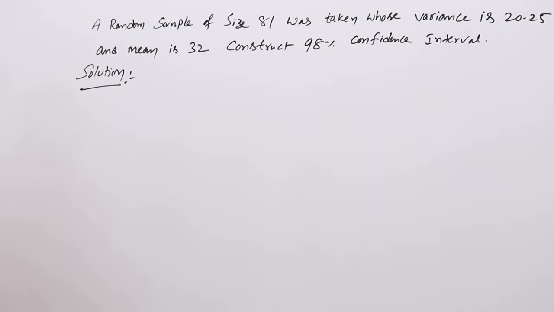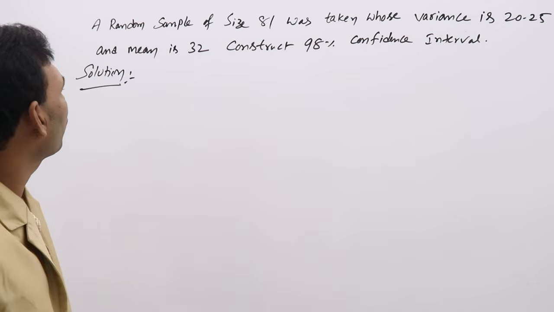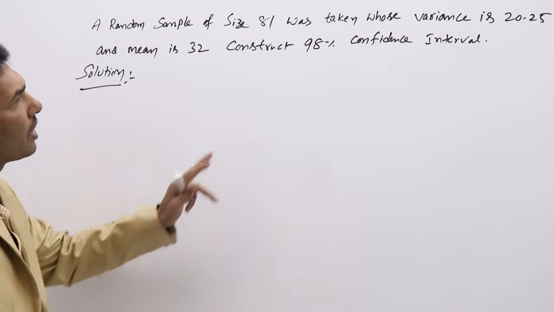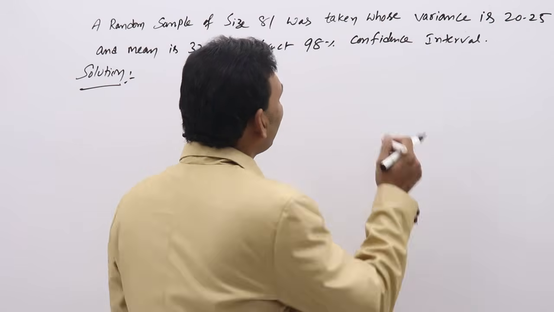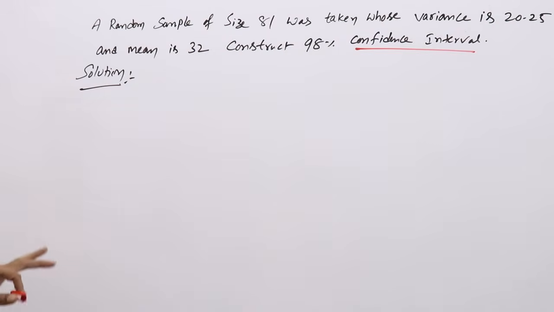A random sample of size 81 was taken, whose variance is 20.25 and mean is 32. Construct a 98% confidence interval for a large sample.